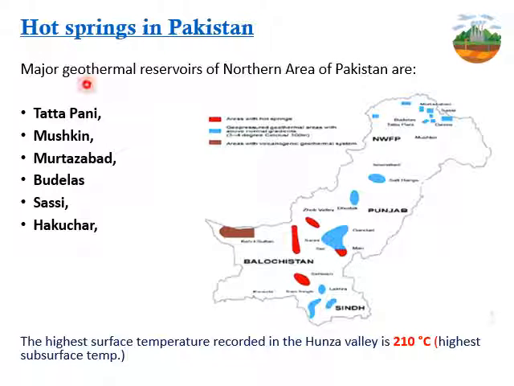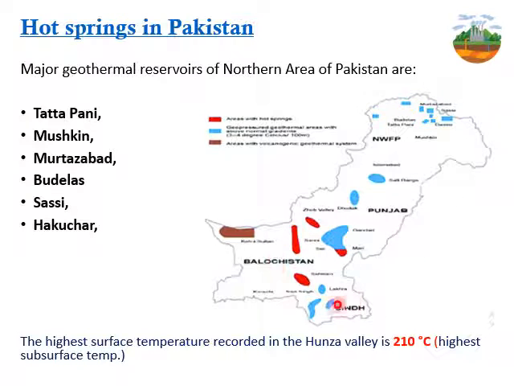So you can see in Pakistan, the hot springs are available in the regions of the Salt Range, northern areas, the area of Sindh and Balochistan. And in Balochistan, these are very hot, and these are moderately hot springs. And obviously, this area in brown is the volcanic area, and here the volcanic energy is available, which is at higher temperature than the high temperature hot springs and low temperature hot springs.